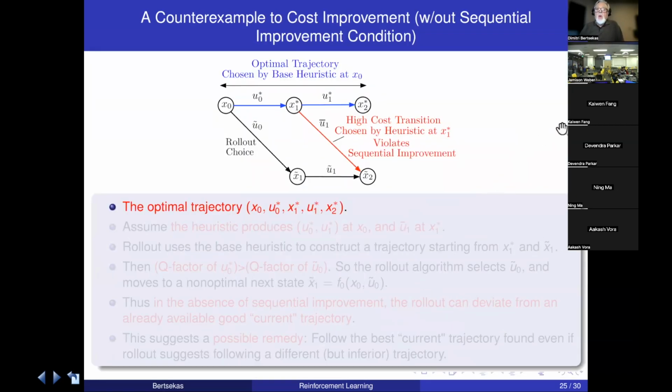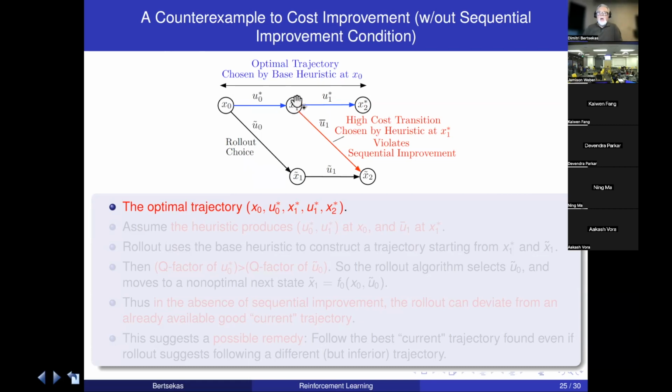Okay, now let's go into a little bit more detail on the sequential improvement condition. I'm going to give you a counterexample where it's violated and the rollout algorithm performs worse than the base heuristic. This example is very simple and involves two stages, an initial state x0, from which we can go to two other states, x1 star and x1 tilde, under controls u0 star and u0 tilde.